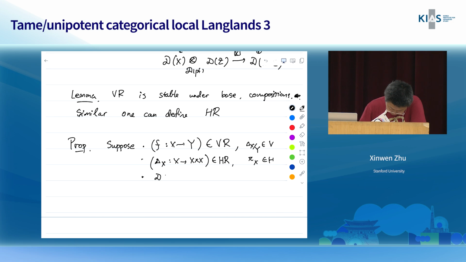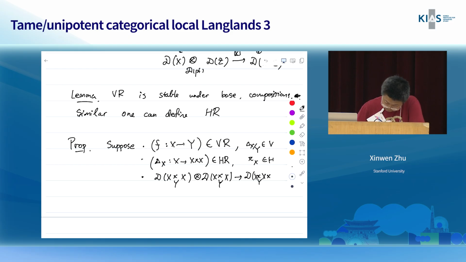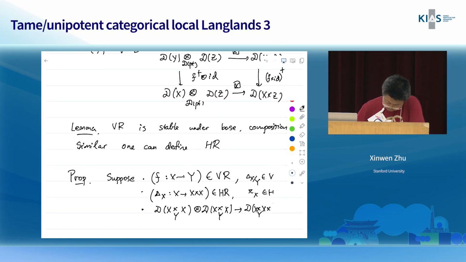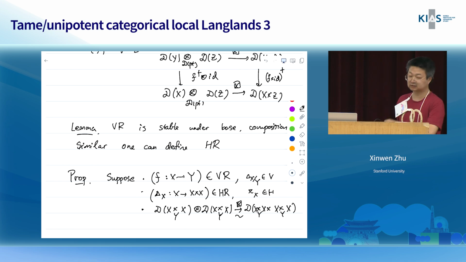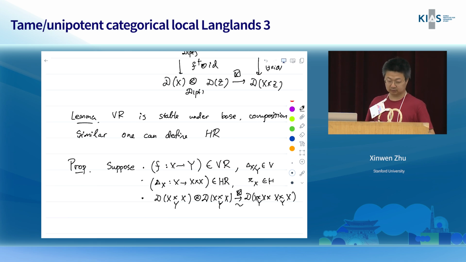Suppose the exterior tensor product D of X times X over Y is an equivalence, just for this particular object, X times X over Y.